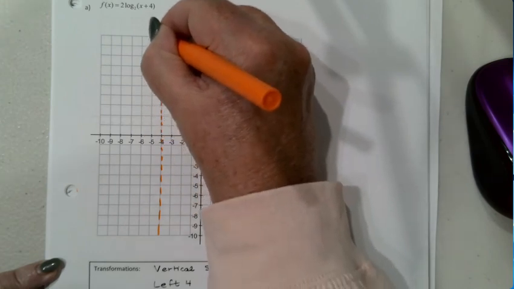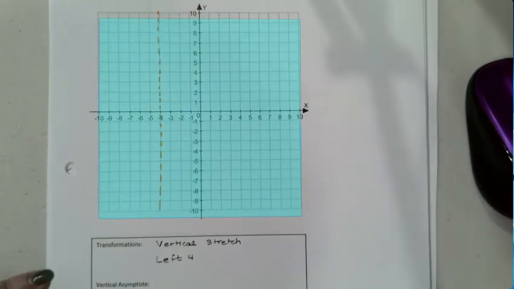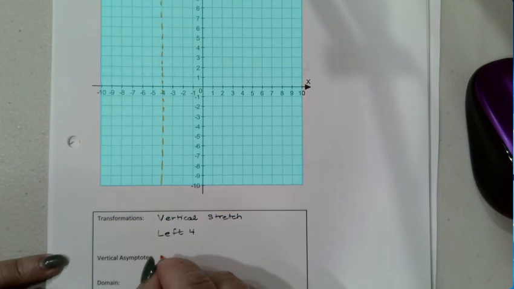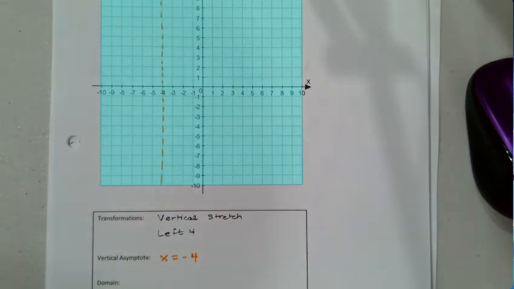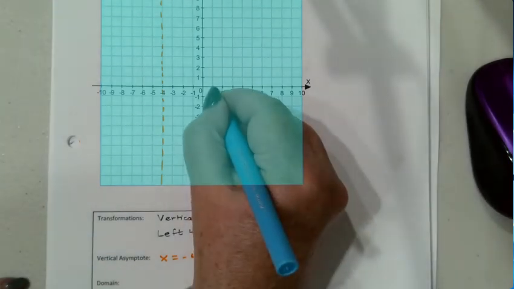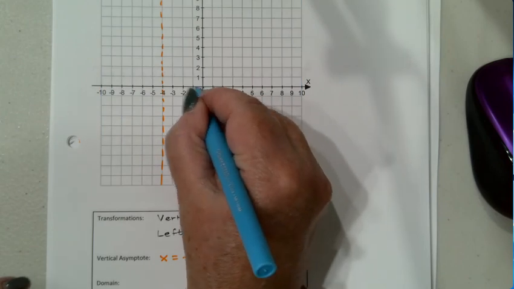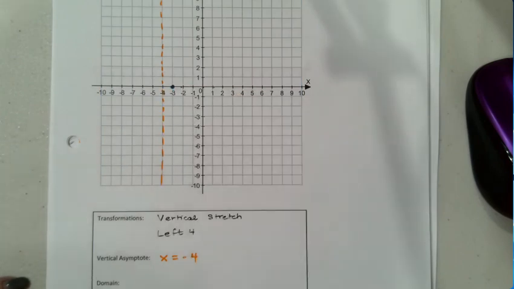And now it's on the line x equals negative 4. My x-intercept, which was at 1, 0, also moves left 4. So now it's over here at negative 3.